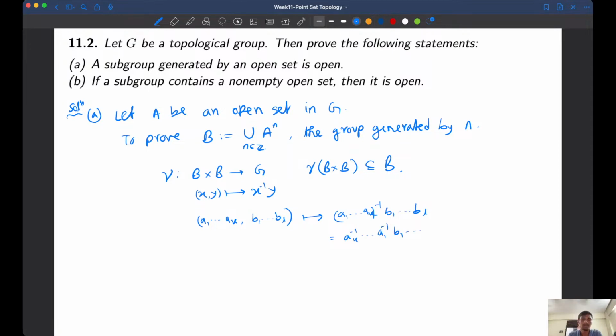And this is an element of this B, because a1 through all of this belong to A. Actually I don't need this belongs to Z also, it is fine. All this a power k inverse, those things may not belong to A.